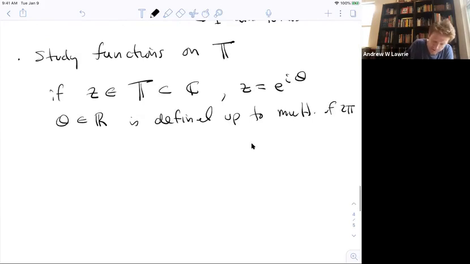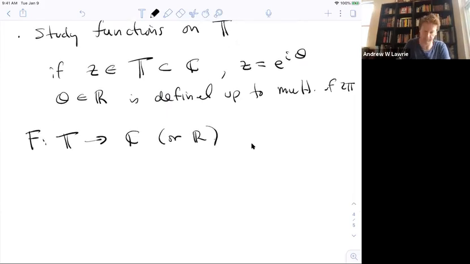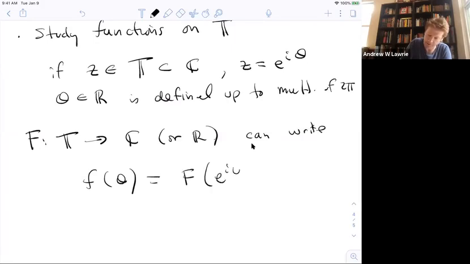So what about functions? If F is a function on the torus, say a complex or real valued function, so it takes values in C or R, then we can write little f of theta is capital F of the point e to the i theta.